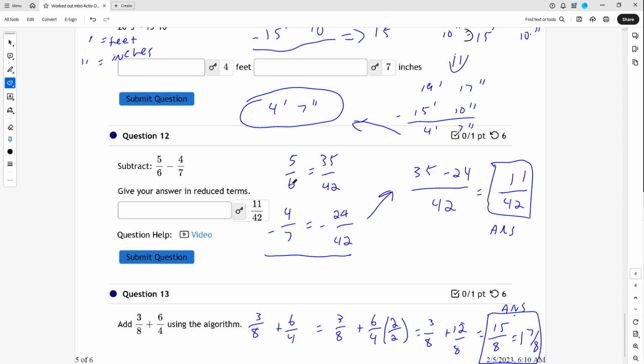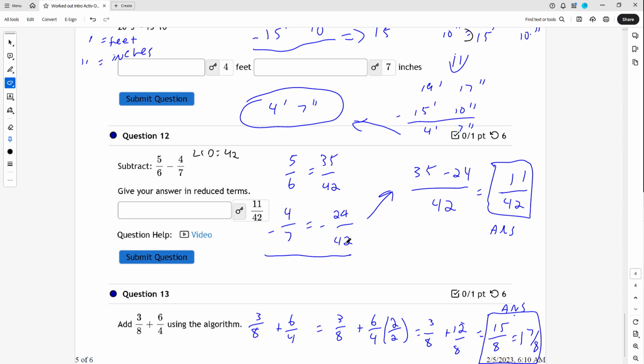So in this case, my LCD is going to be the smallest number that 6 and 7 will go into, 42. So 6 goes into 42 7 times. 7 times 5 is 35. 7 goes into 42 6 times. 6 times 4 is 24.